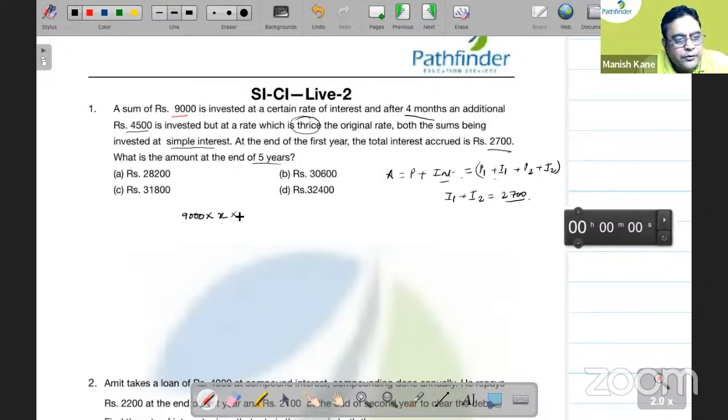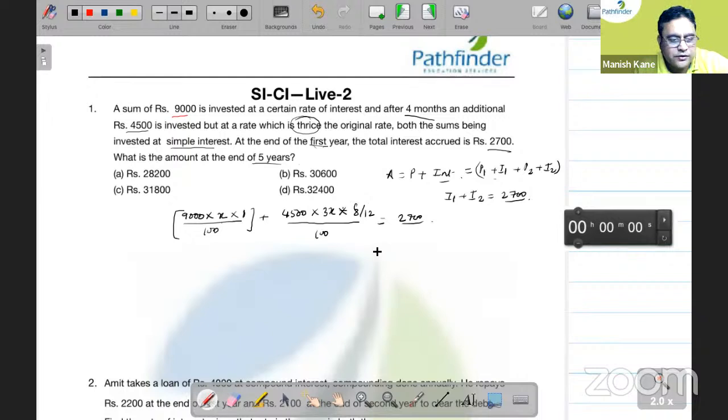So if 2,700 is the value of I1 plus I2, you have 9,000 into X, that is the rate of interest, and the time is given to you at the end of the first year. So at the end of first year, the interest on the first sum must be this much. What about interest on the second sum? 4,500 into 3X into 8 by 12 upon 100, and this should amount to 2,700.